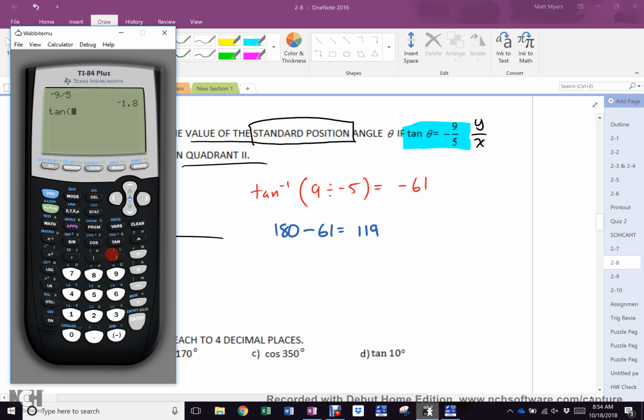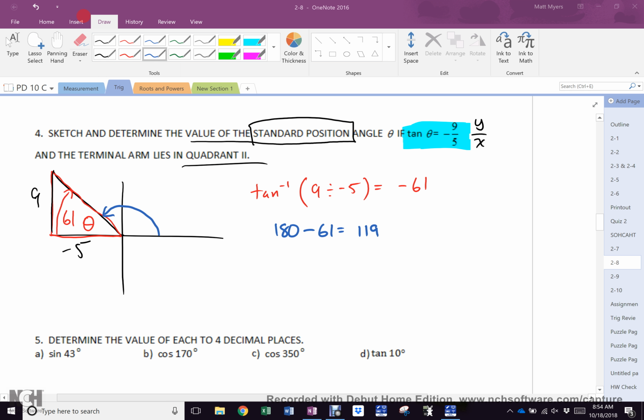Tan of 119 is -1.8. Everybody good? Tan of -61. What's it going to be? -1.8. Is everybody good? Why? Because that line is both of those things. Is everyone cool? Yeah? Okay.